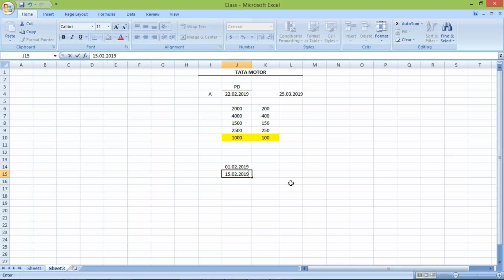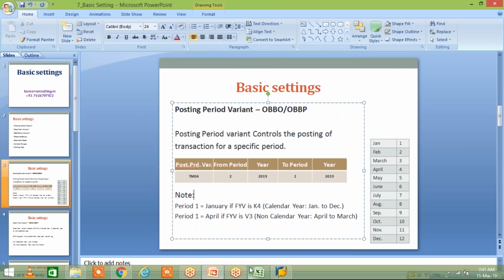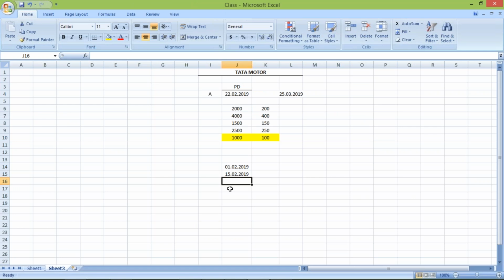Here also the system is going to allow you to post your transaction, because look at the month, it is February 2019, and this February month we have already opened. It means the system is going to allow you to post. But if you post any transaction, let's suppose 24/01/2019, the system will not allow you to post.